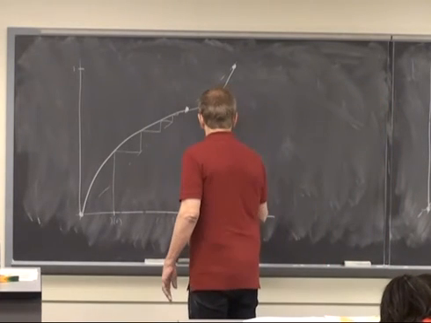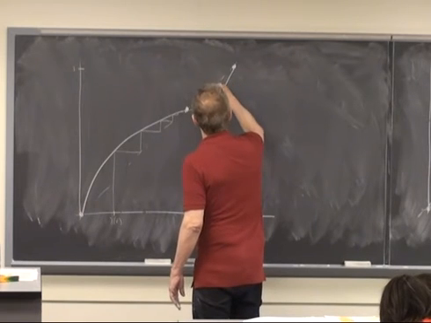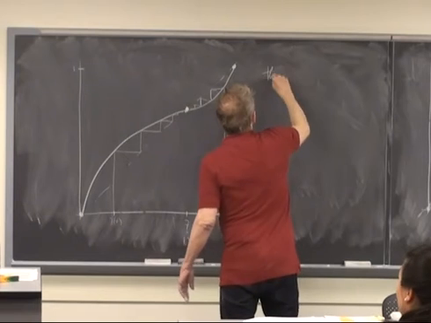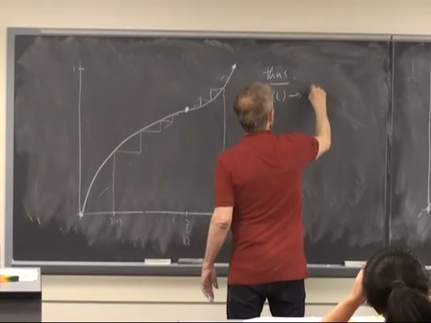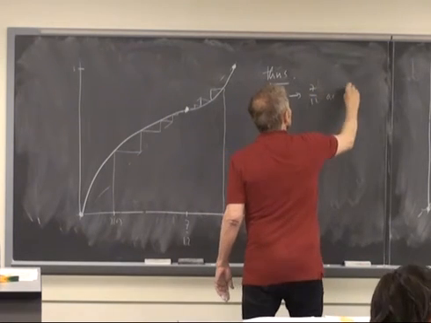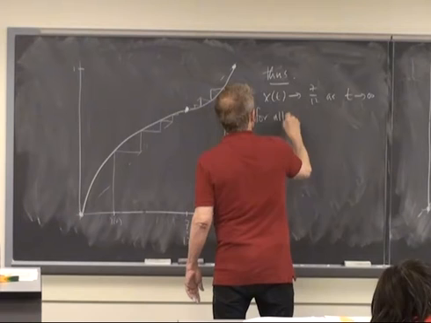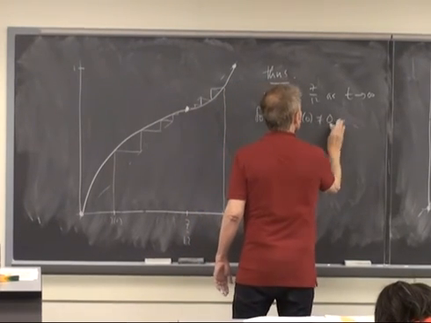If I start with x of 0 over here, go up to the curve, it goes just the same way except down to 7/12. X of t approaches 7/12 as t goes to infinity for all x of 0 not equal to 0 or 1.